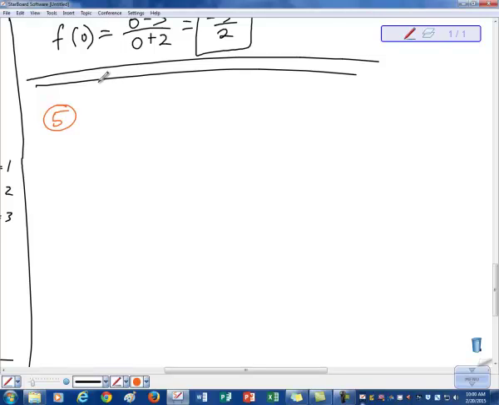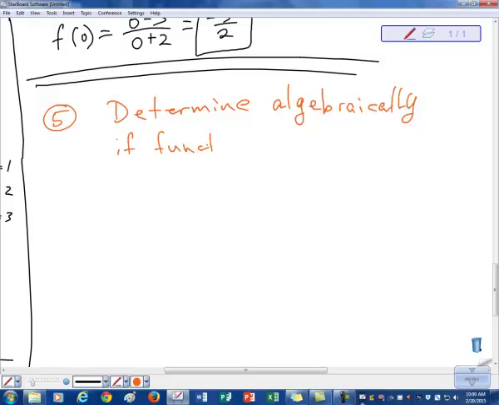Determine algebraically whether the given function is even or odd. So if it says determine algebraically, you have to show it on the scratch paper.